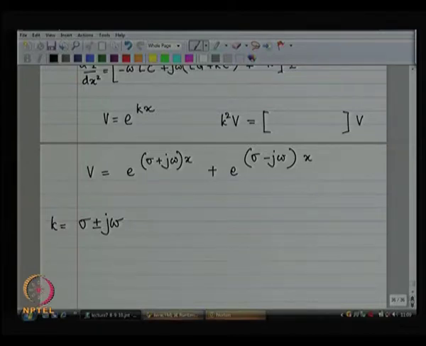So, these two are basically going to give me a forward moving wave and a backward moving wave. Sigma, we will be able to figure out that sigma is going to be a negative quantity, and as a result you are really going to get an attenuation over space.